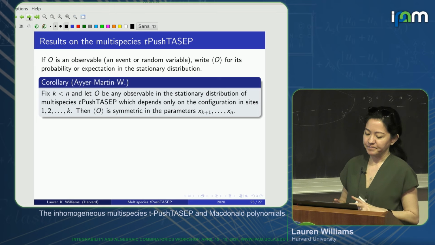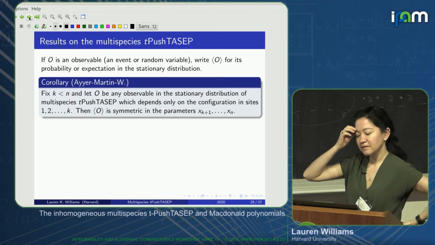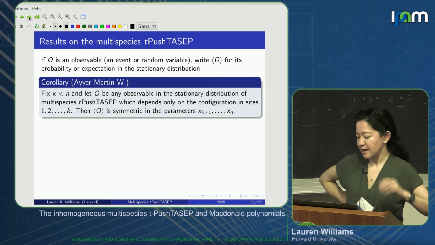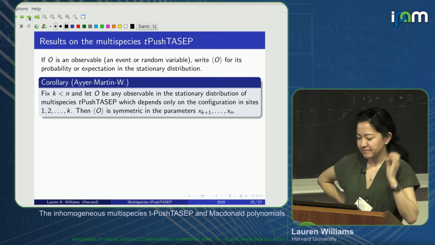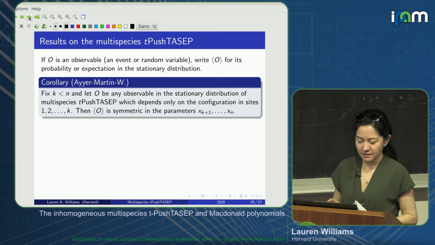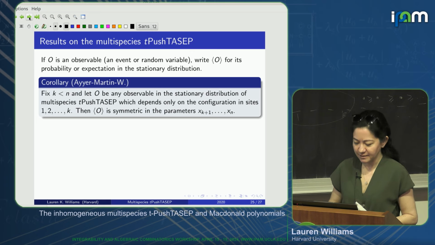Then the expectation of O is symmetric in the parameters x_{k+1} through x_n. Arvind mentioned a similar statement in the t equals 0 case, but I think not requiring stationarity. Here we need to require stationarity.